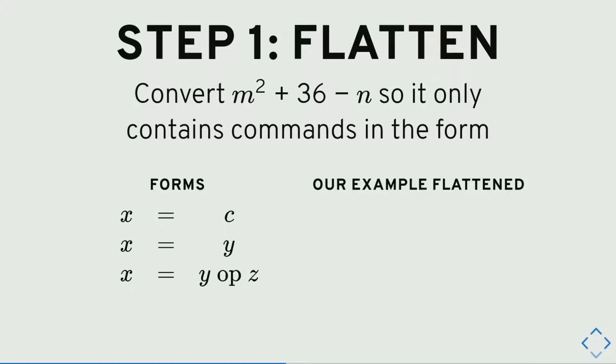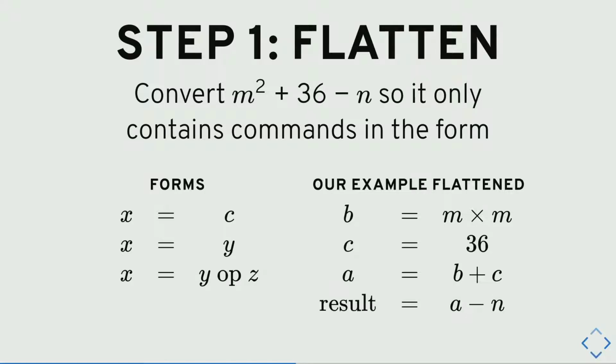So if we take our m squared, we're going to turn that into m times m, and we're going to introduce a new intermediate variable which is called b. Then for our constant, we're going to assign c to 36, and then a is going to be the result of b plus c, and then the result itself of this equation is going to be a minus n. Cool.